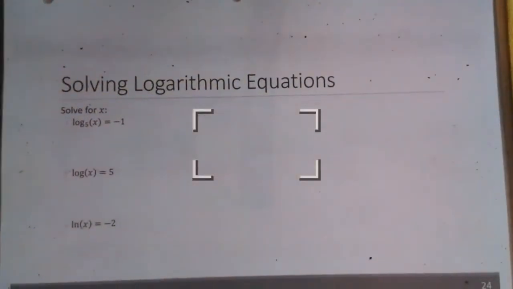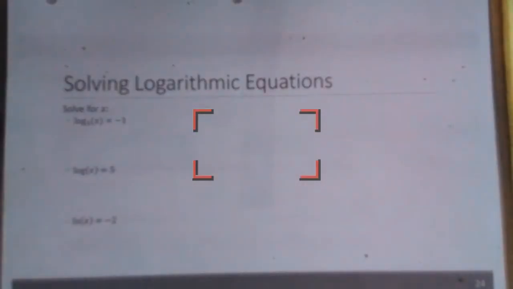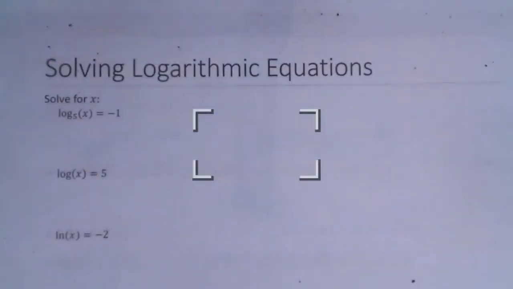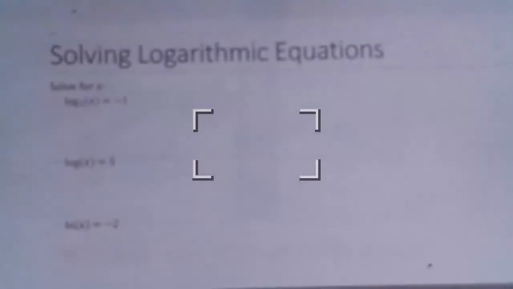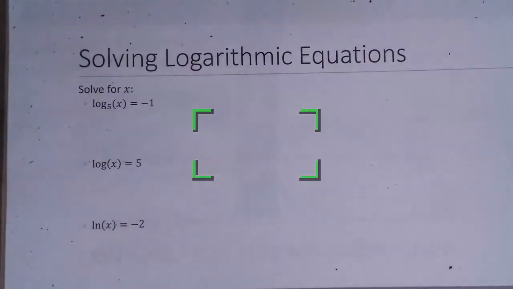We're going to solve some logarithmic equations. And like I said before, being able to switch between logarithmic and exponential forms is going to be essential. Here is one of the examples of where that can come into play. We are solving for x. In the first equation, we're looking at log base 5 of x is equal to -1.